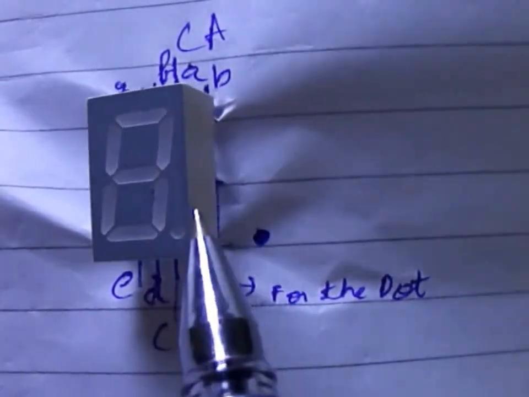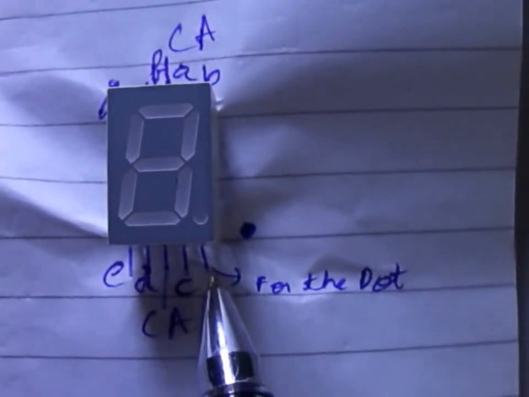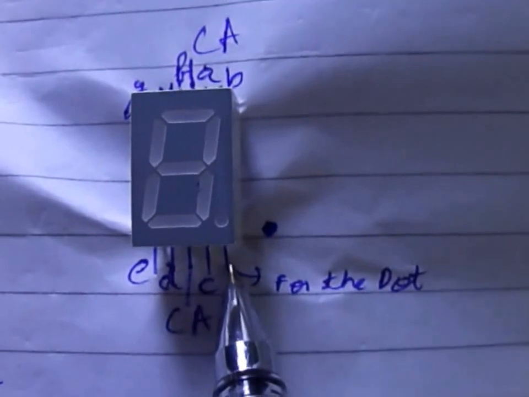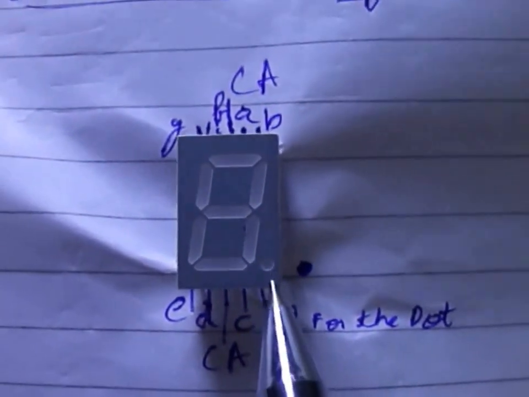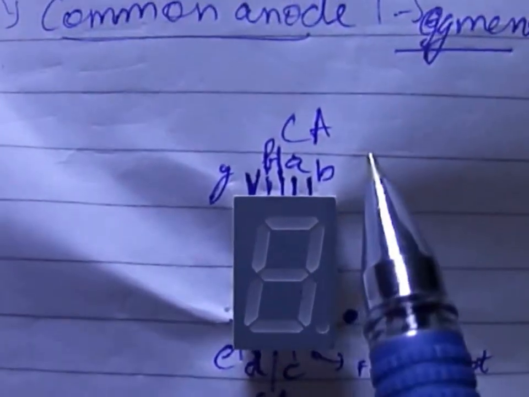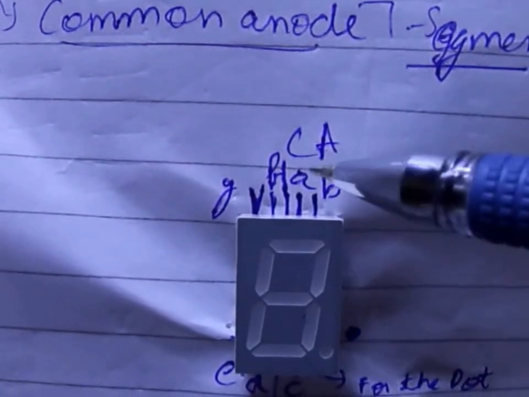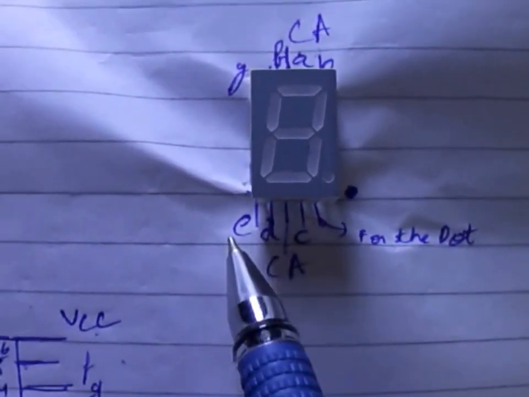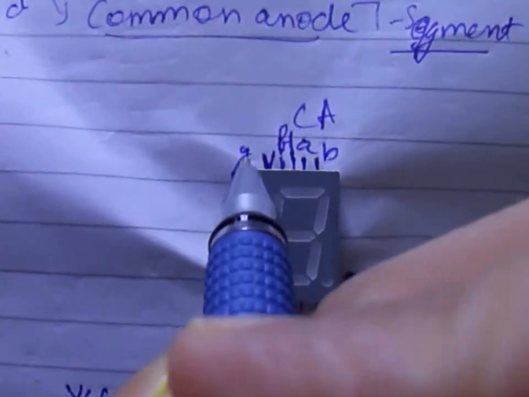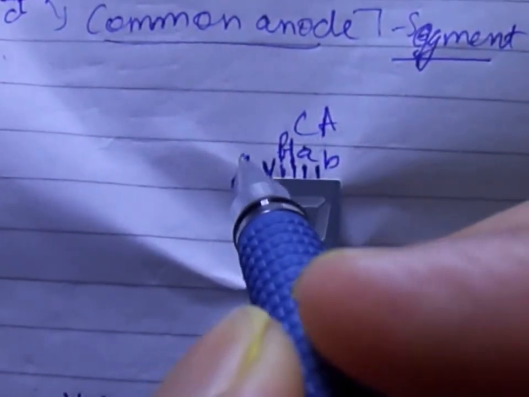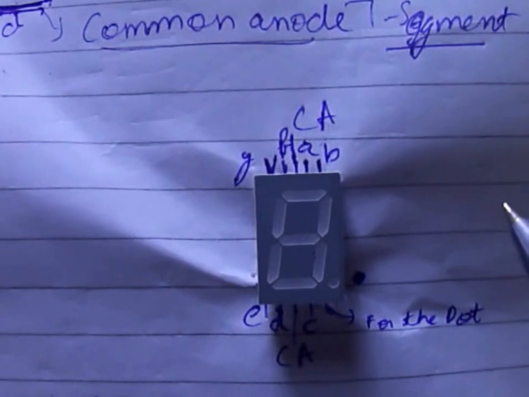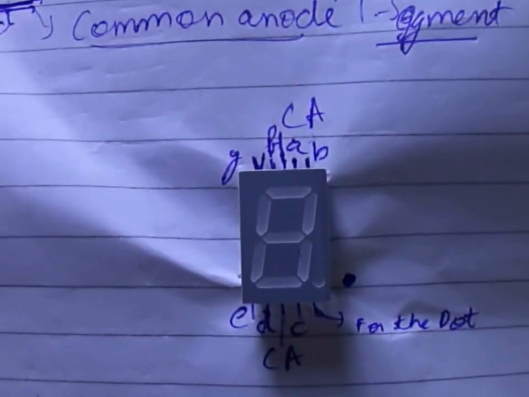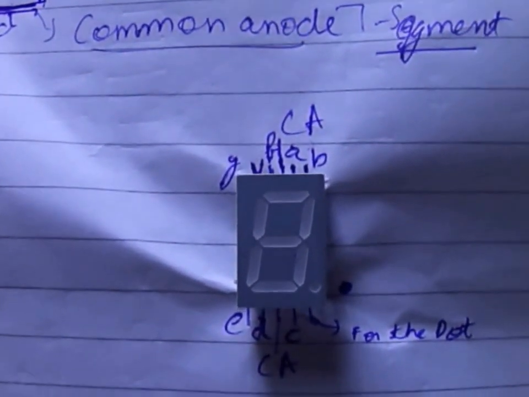This terminal is for the dot, which will represent the decimal digits. And from above you can see that this is A, B, then C, D, E. Instead of having F and then G directly, it is G and F. This was a bit confusing for me, and it can be the same story for you as well.